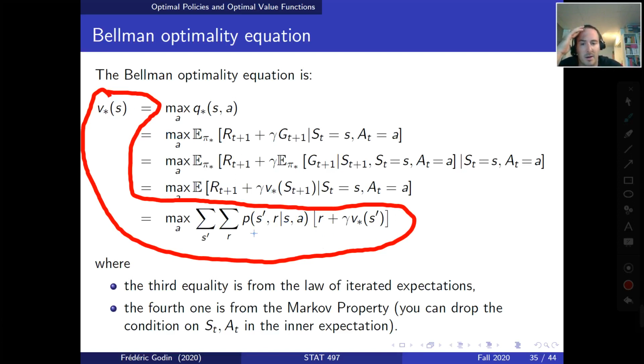Okay, so all other quantities, the function P, it's known. So you might say, well, this is just a system of linear equations with one equation per state. Why can't we solve them? And the answer to this is because there's a maximum operator across the actions here.